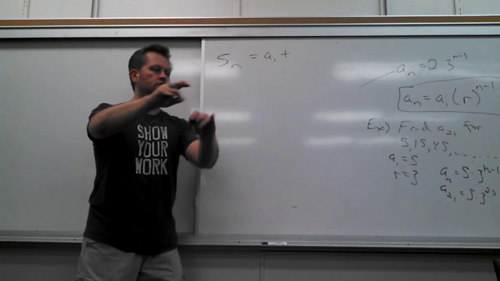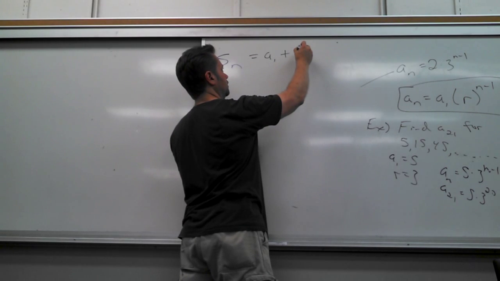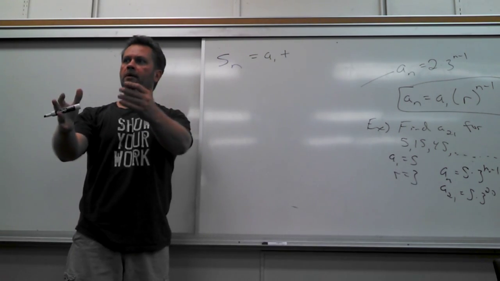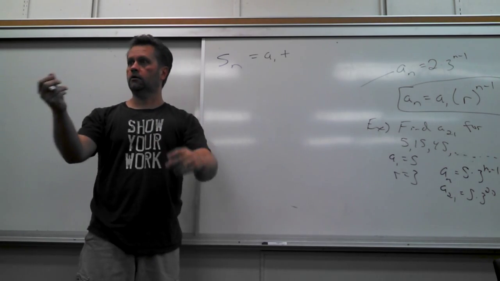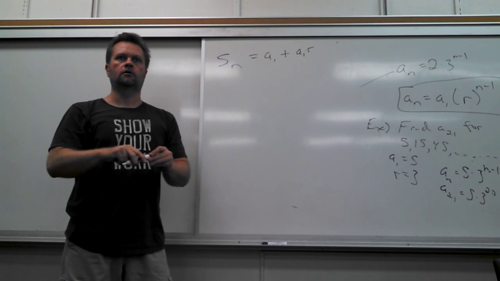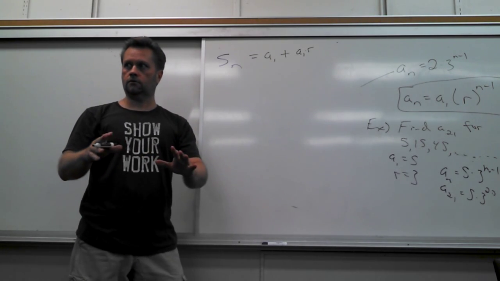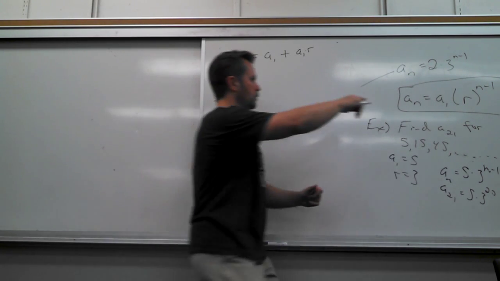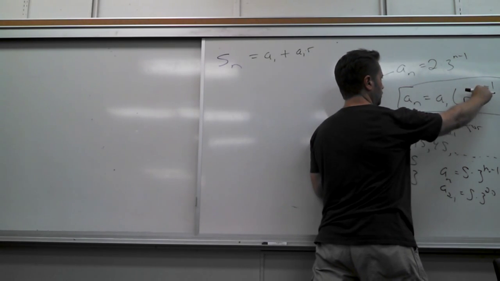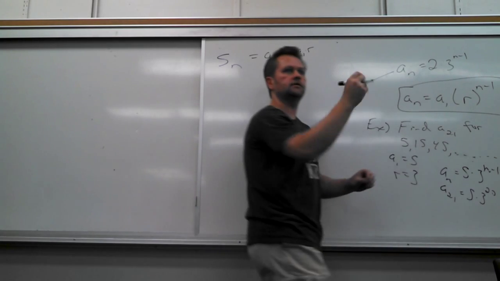So what is the next term going to be? I multiply wherever I am by r, so the next term is going to be A1r. If I wanted the second term here, I would just put a 2 there. 2 minus 1 is 1, r to the first is r, A1 times r. That's the second term.